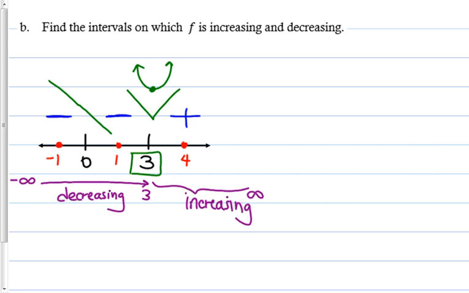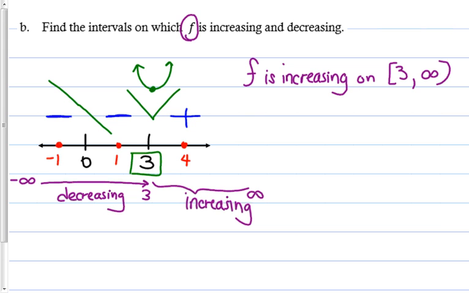So I'm just going to go ahead and write that. So f is increasing. Notice I'm talking about f. They wanted to know about f, even though we started off with the derivative. f is increasing on 3 to infinity.